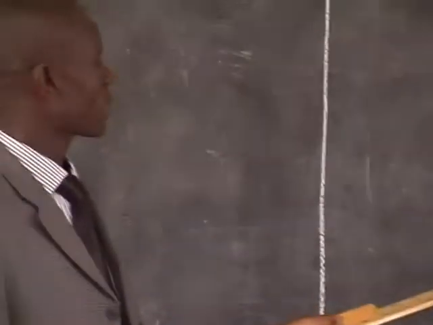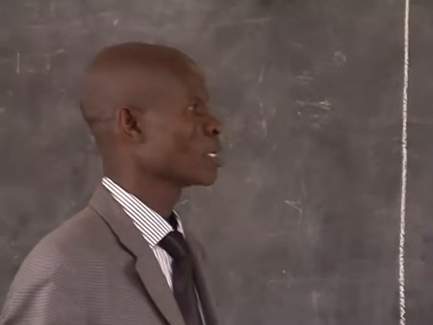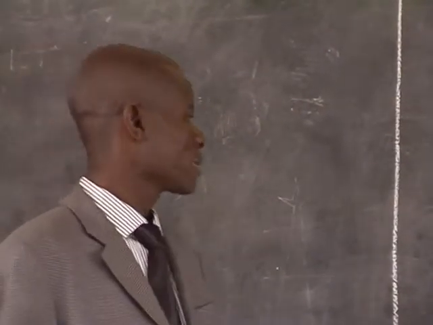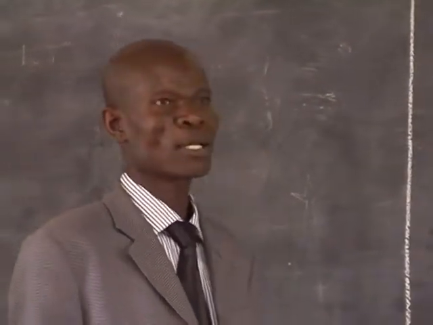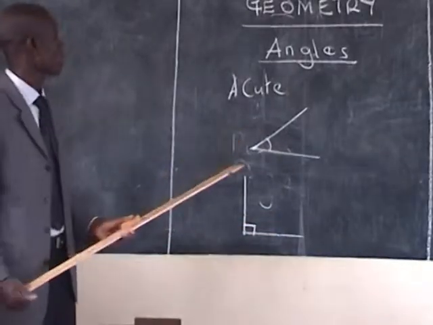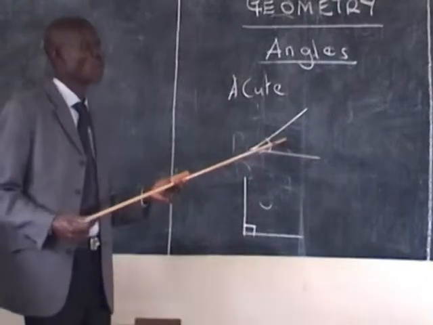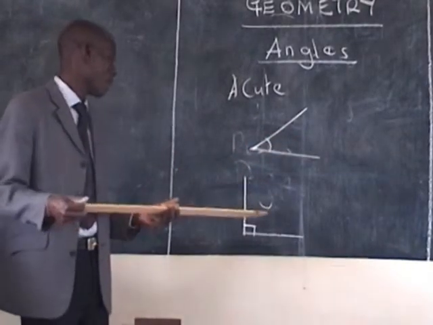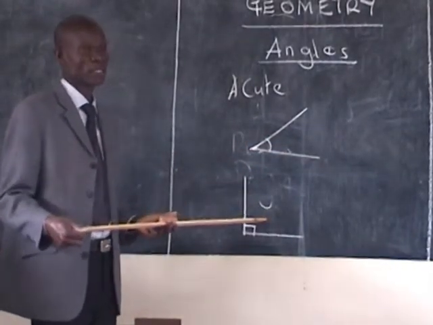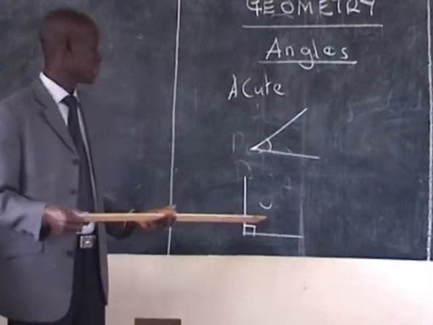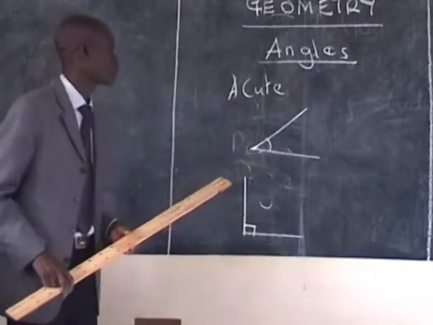Now if you compare this angle to this angle, you can see clearly that this angle is less than the angle that is marked 90 degrees. And that is why we are saying that an acute angle is an angle that is less than 90 degrees.